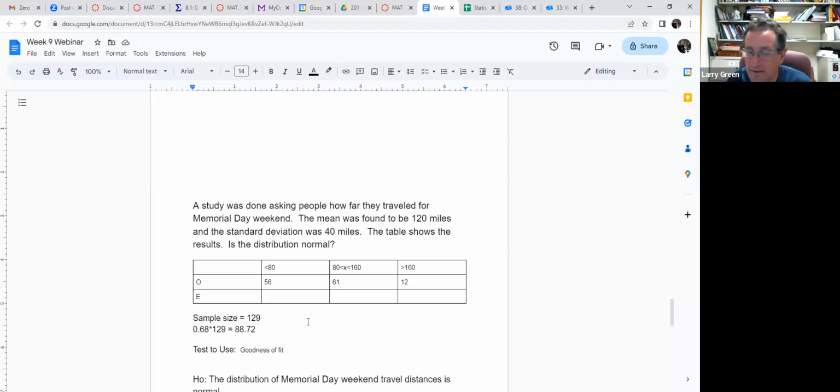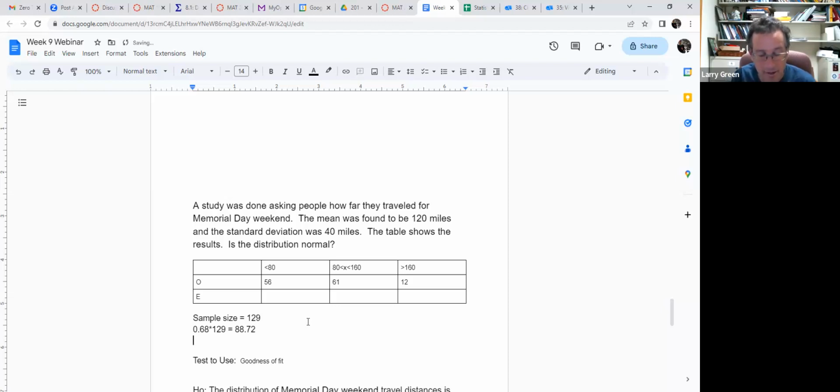Any questions on that? And then half of that will be to the left. So we're going to take 1/2 times 1 minus 0.68. A half of the outside will be the left. And then times 129.